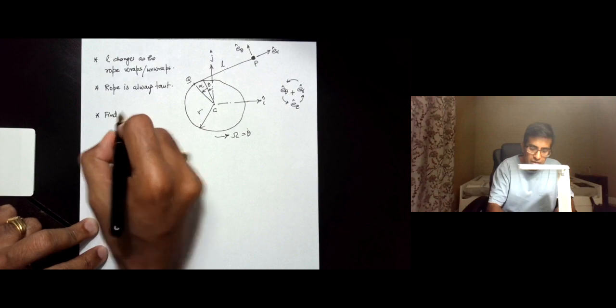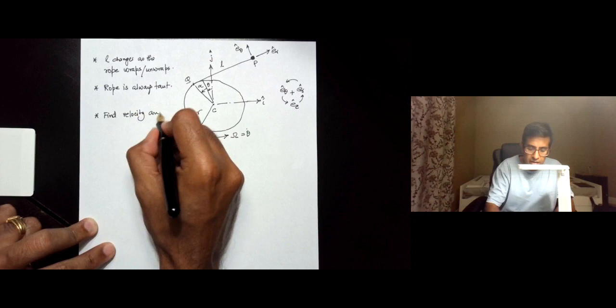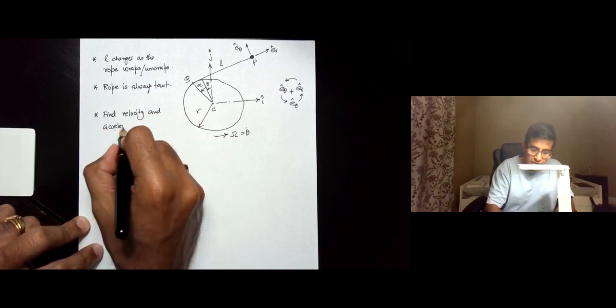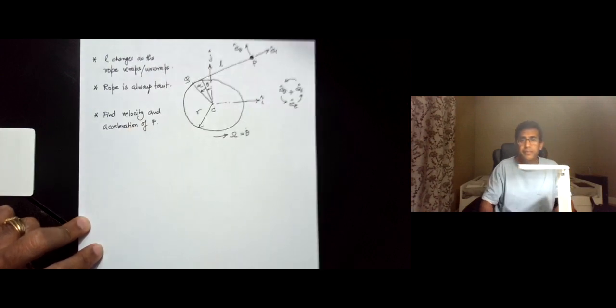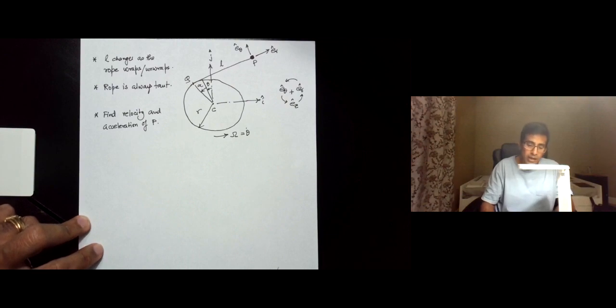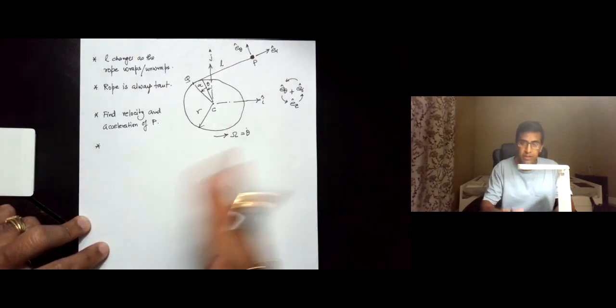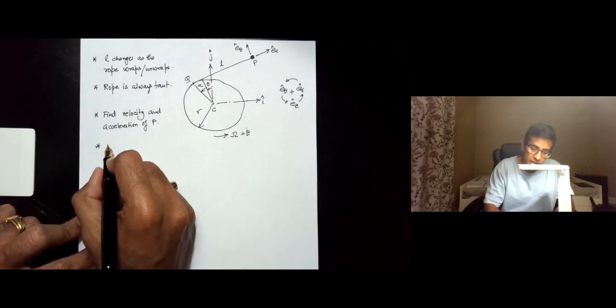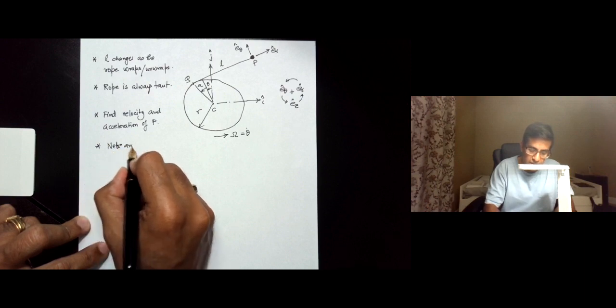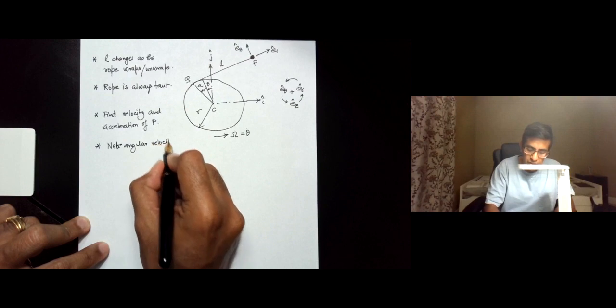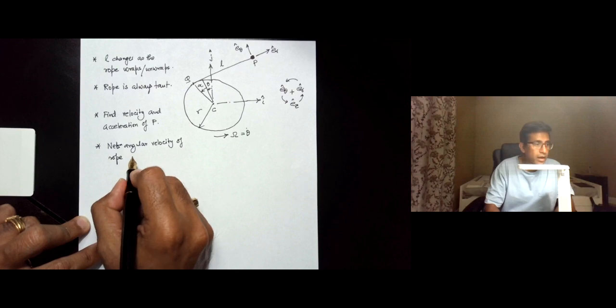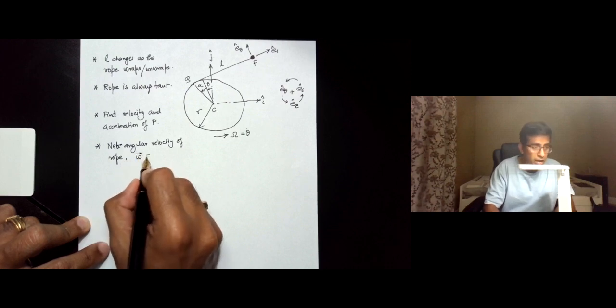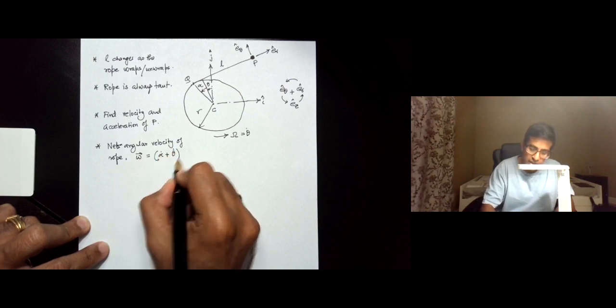And the goal of this problem has been to find the velocity and acceleration of P. So this has been the problem, and just in the interest of time, without going into the details, one of the results that we found when we solved the same problem using relative velocity and acceleration was that the net angular velocity of the rope is given by the vector omega, which is alpha dot plus theta dot Ez.